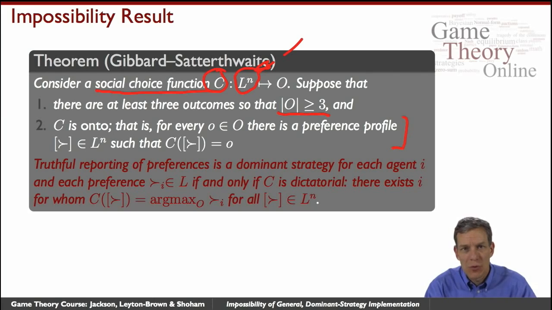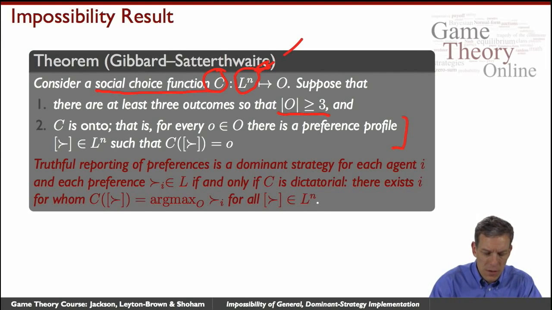For instance, if you just required that your social choice function be unanimous. So if all individuals prefer the same alternative, we all say we love candidate A, then society should pick candidate A. If you put that minimal condition in, then indeed in this domain of preferences, C is going to be onto. So if we put those conditions in, then what does the theorem say?